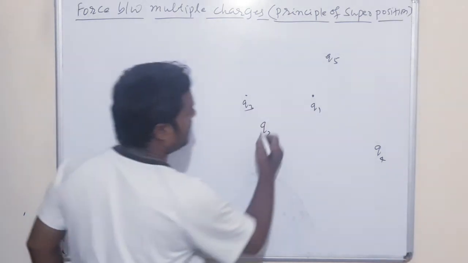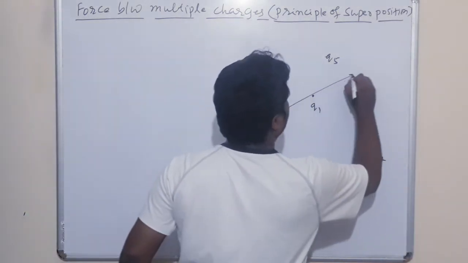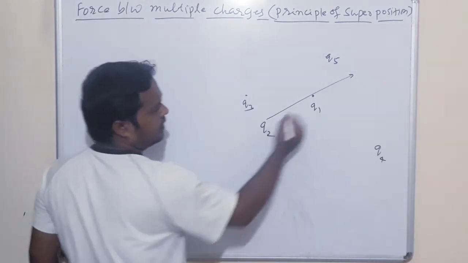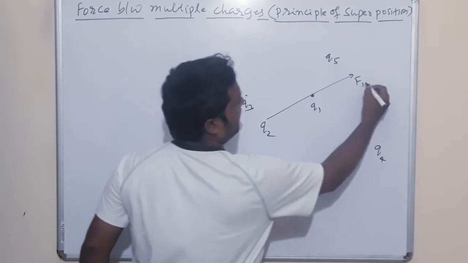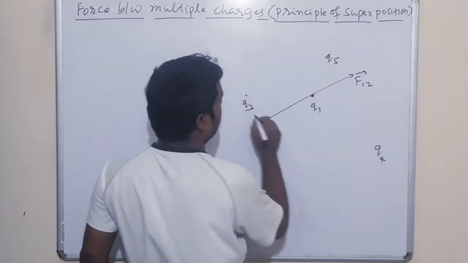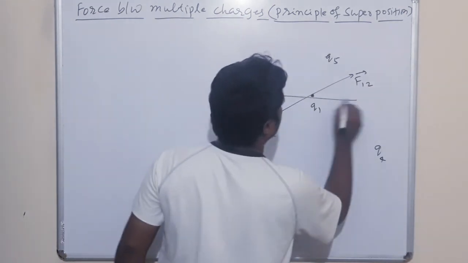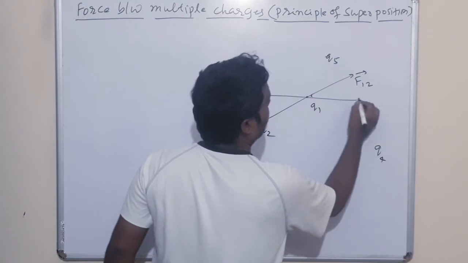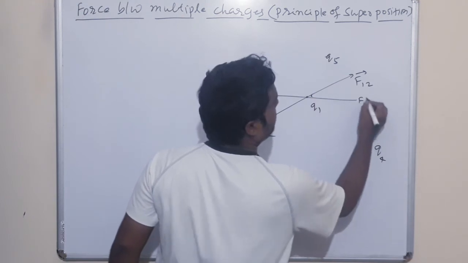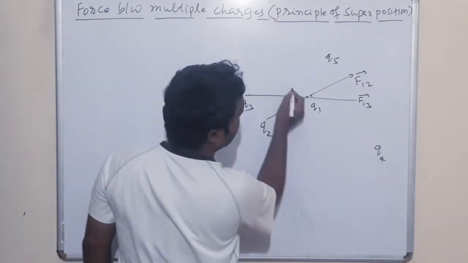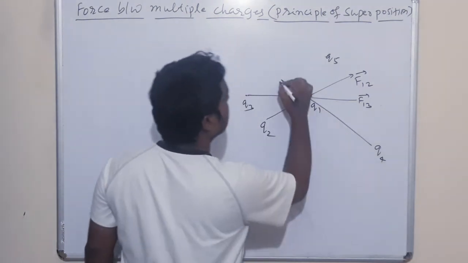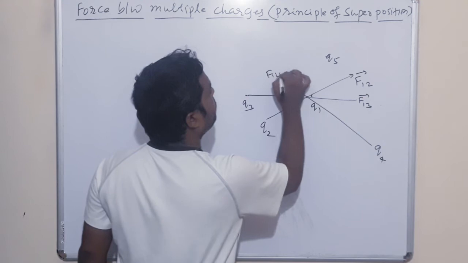That means on Q1, how many charges are exerting force? This will be the force on 1 due to the second charge. This will be the force on 1 due to the third charge. This will be the force on 1 due to the fourth charge.